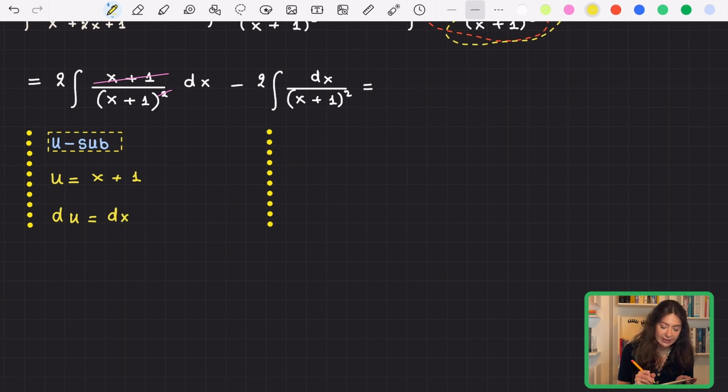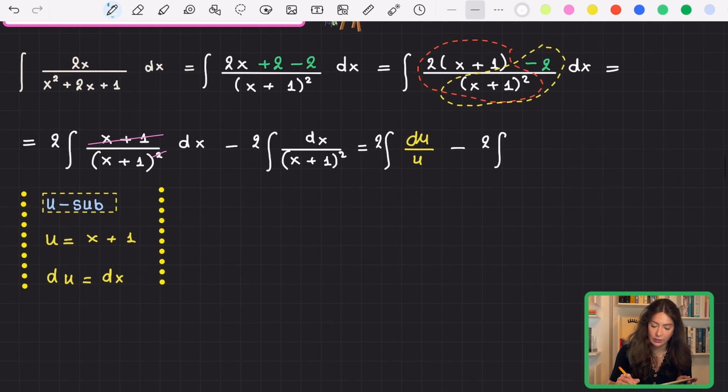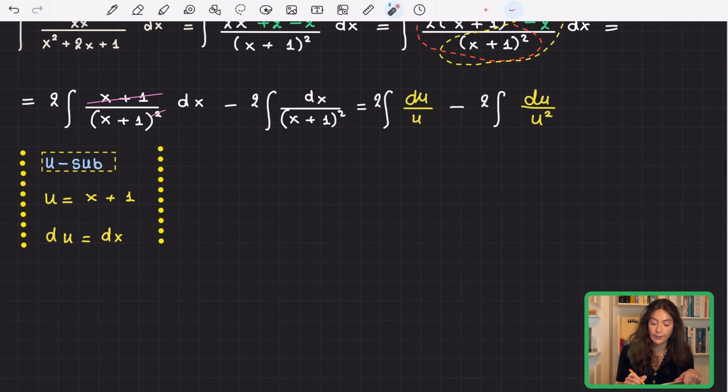And in this case, u sub is optional, but I'm going to do it. Rewrite this as the integral of du over u minus 2 times the integral of du over u squared. Don't forget that you have a square here and this square was canceled.